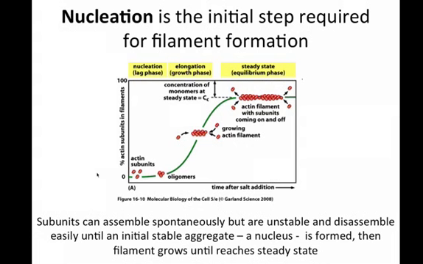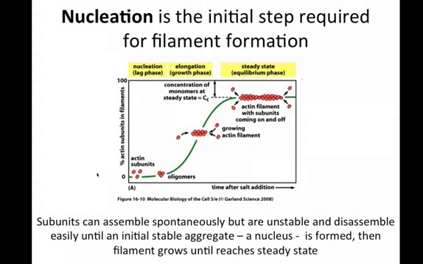It's just the starting point, that aggregation that makes it stable and allows it to grow. Let me just be clear. Nucleation is not forming a nucleus. It's an action that forms little blobs or stable things that are going to get together and grow.